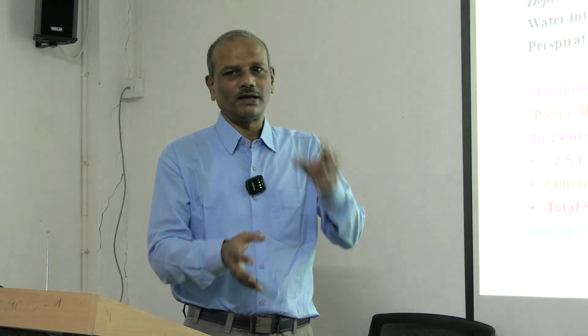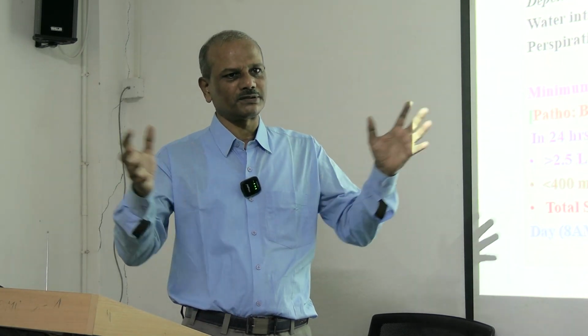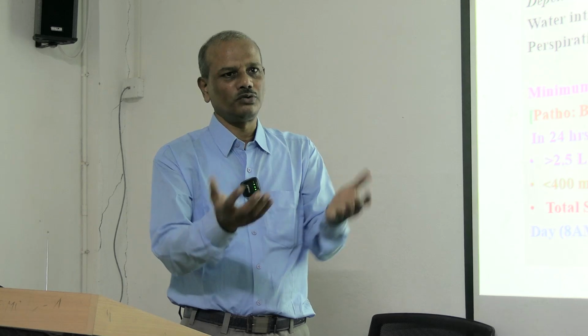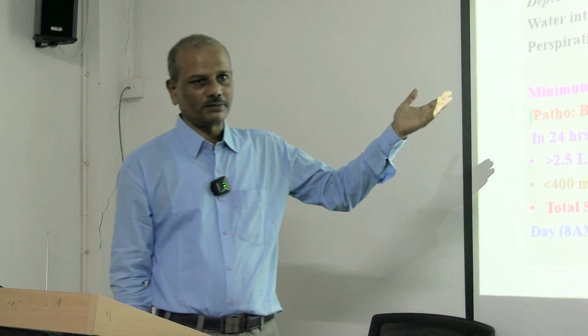There is a system in the brain which regulates everything, so it depends on water intake, how much water you are taking. Protein intake also matters. Protein is finally converted into urea and that urea is excreted. Urea is an osmotically active substance, and because of that it wants more water to remain in solution, so that will cause a little bit more volume.